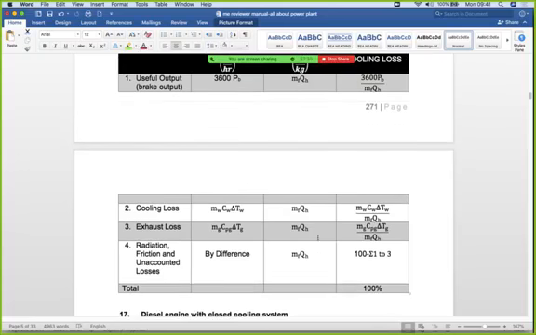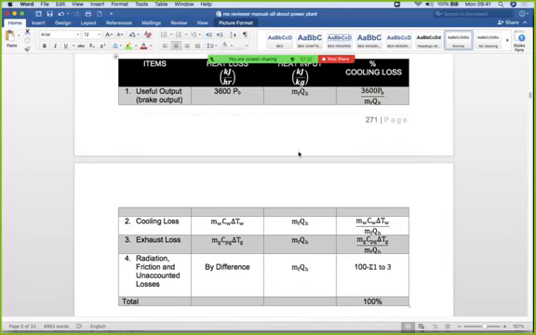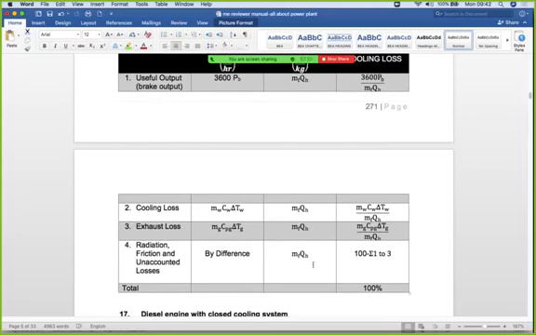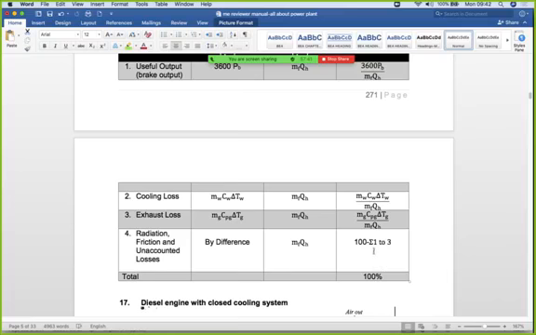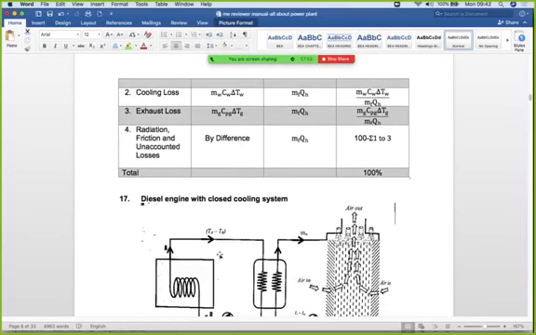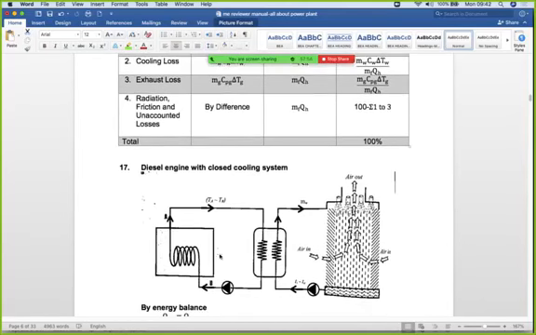All throughout you have the same formula for heat input, that is the rate of fuel times the heat supplied. Whereas the percentage unaccounted loss is 100 minus the summation of 1 to 3. What is 1 to 3? Radiation, friction, and other accounted losses. So this is the closed system for a diesel engine.